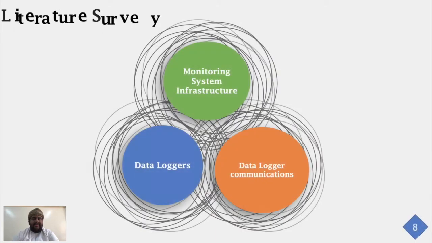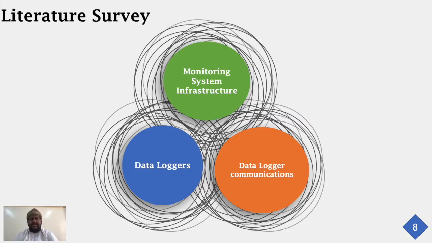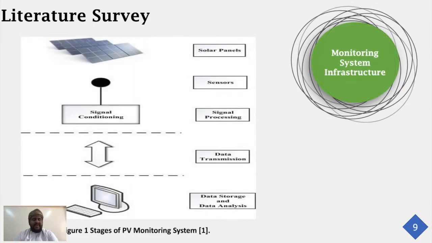Our literature survey was focused on 3 parts: monitoring system infrastructure, then data loggers, then data logger communication. We found that the most used infrastructure is the following. It is divided to 6 layers: solar panels, sensors, signal processing, data transmission, data storage, and data analysis.